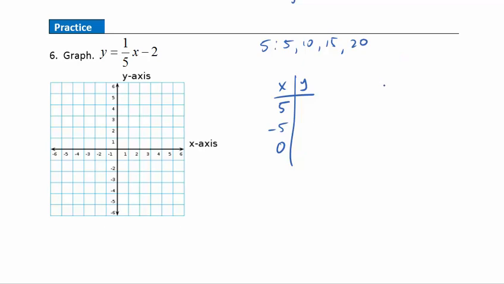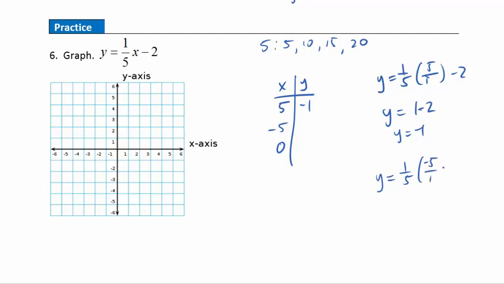So now I'm going to go ahead and plug these in. So y equals 1/5 times 5 over 1 minus 2. Notice 1/5 times 5 over 1, that's just going to give us 1. So I have this really, 1 minus 2. And so I'm going to get negative 1. So my first point is 5, negative 1. Now I'm going to plug a negative 5 in there. So I'll have y equals 1/5, again, I'm going to write that as a fraction, negative 5 over 1 minus 2.